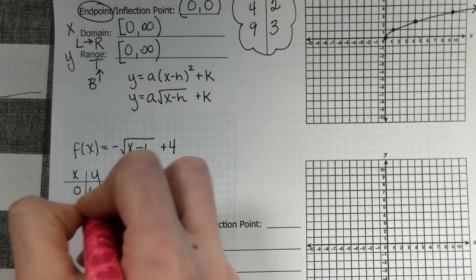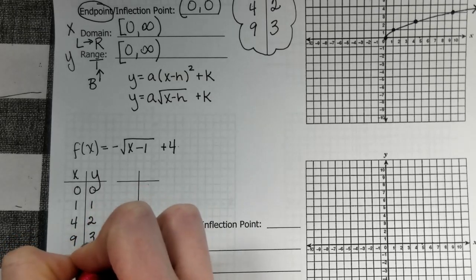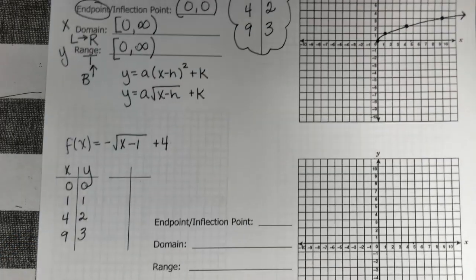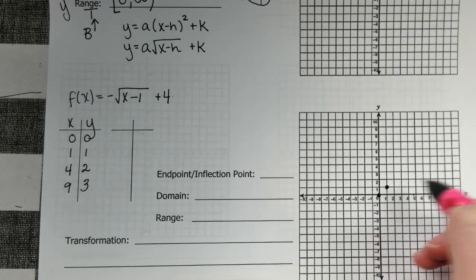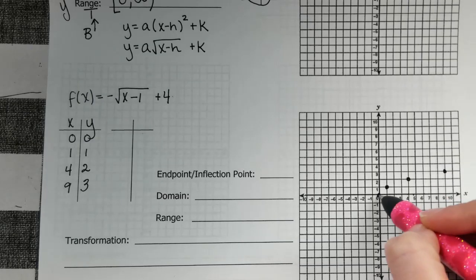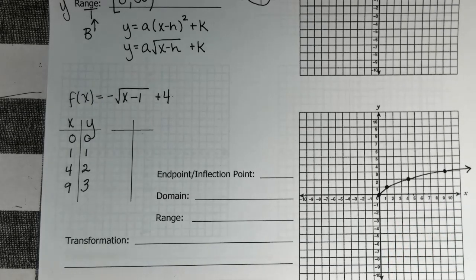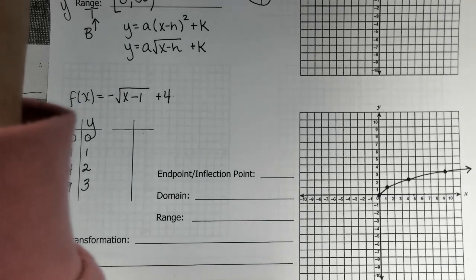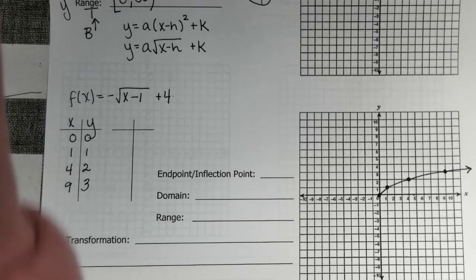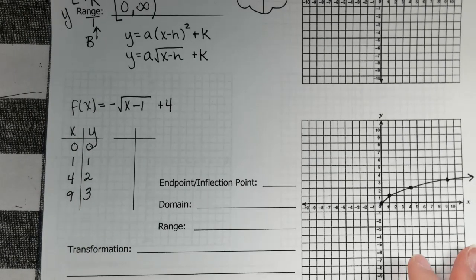That was our 0, 0, 1, 1, 4, 2, and 9, 3. And then I'm going to take another color when we do our transformation. We're building our transformation table.